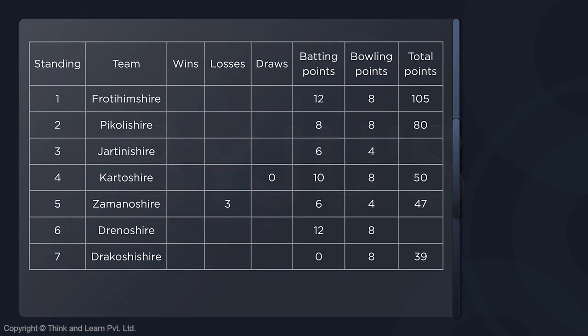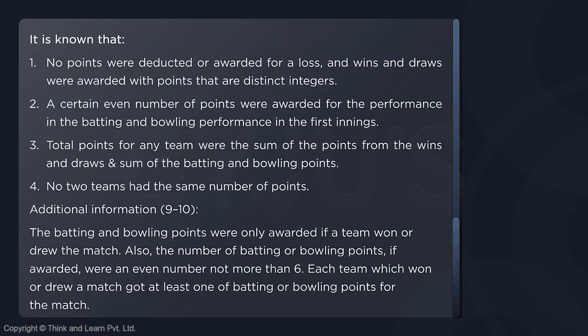Okay, so we have teams, wins, losses, draws, batting points, bowling points, and total points. Some of the data is given to you. No points were deducted or awarded for a loss, so 0 for a loss, and wins and draws were awarded points with distinct integers.